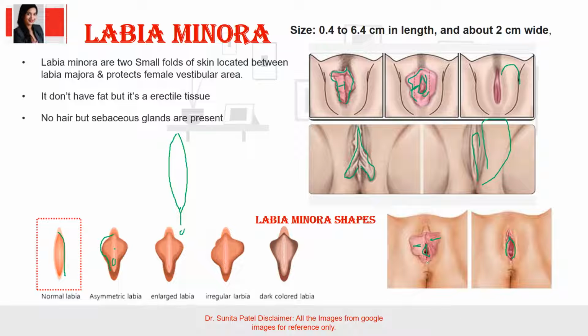You can see here, this is the perineal body, and the anal opening. Now this connection, starting from the perineal body level and going upward, the right flap will go up and then the left flap will come and join with it.